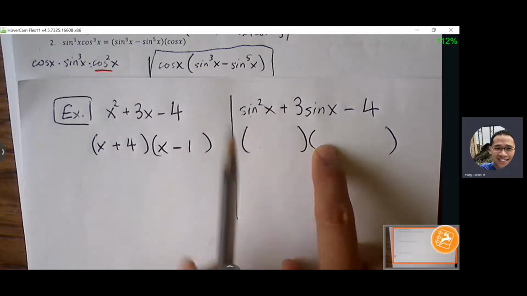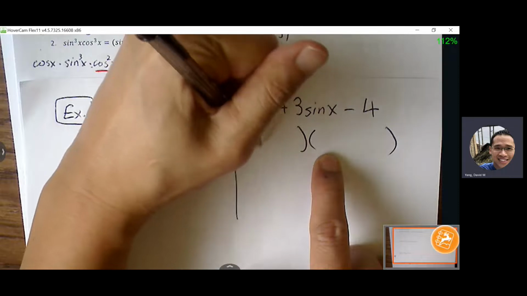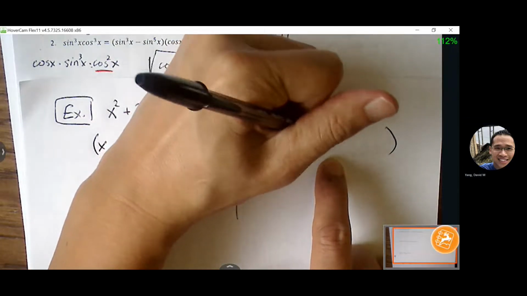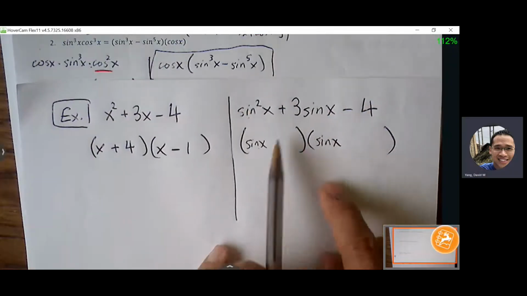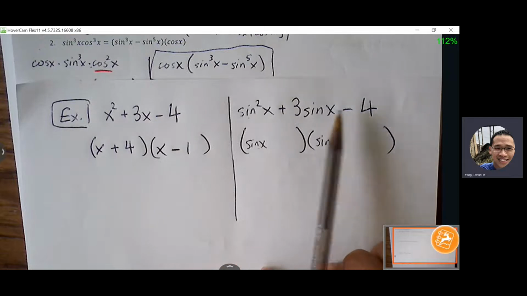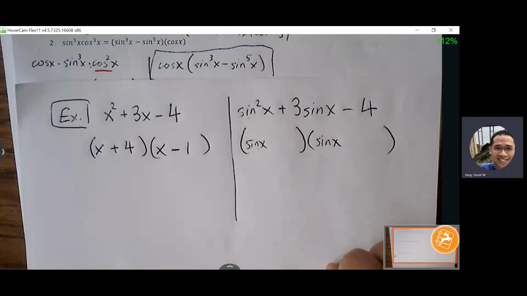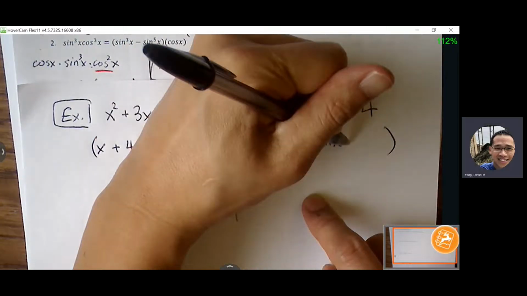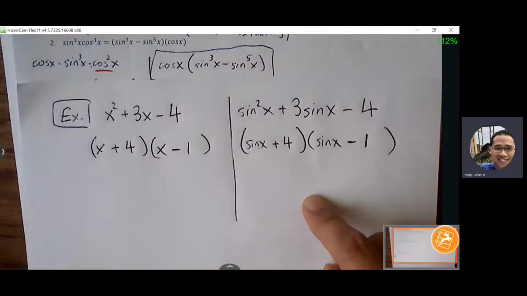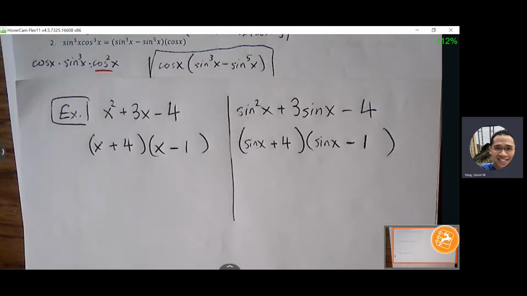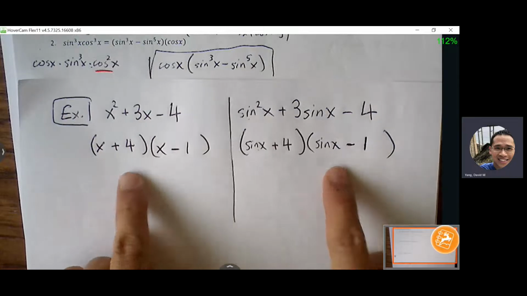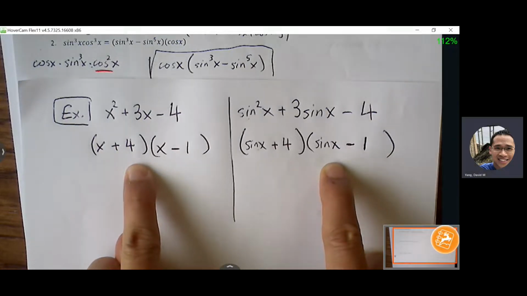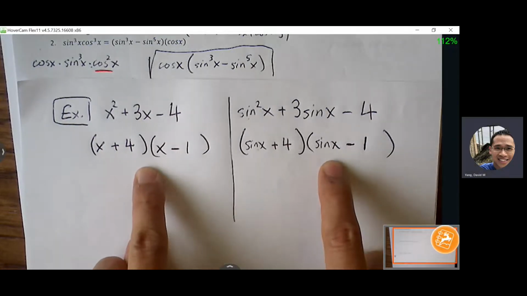Sine x and sine x. I'm still going to ask myself the same question: what multiplies to be -4 and adds up to be 3? +4 and -1. It looks a little messier because your variable is not just x, it's sine of x. But it looks messier, but it's the same problem, right?